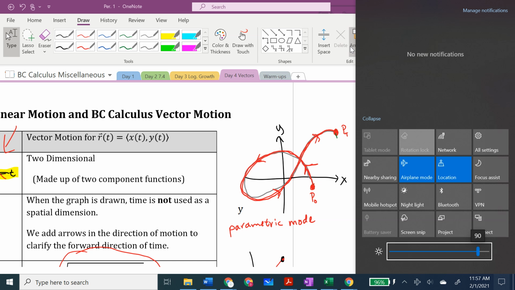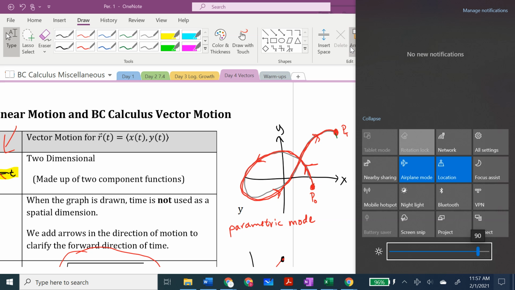I need to change my window. Now it's going to graph way too quickly. Are you ready? I'm going to push the graph button. I just drew part of the graph, but not the whole graph.